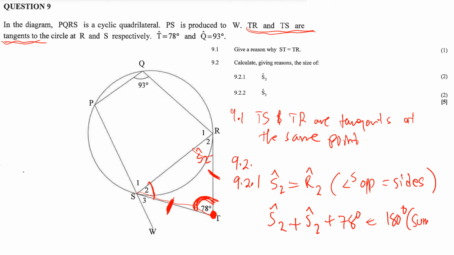So angle S2 plus S2 will be 2 angle S2, equal to 180 minus 78, which will give us 102 degrees. Divide by 2 on both sides. Therefore, angle S2 will be equal to 102 divided by 2, which is 51 degrees. So we can just replace it there by 51 degrees.